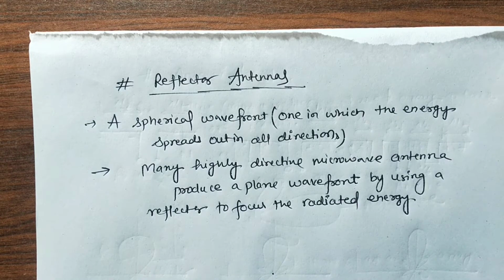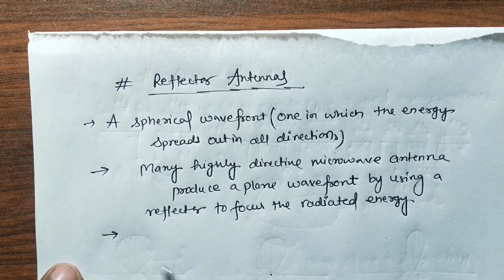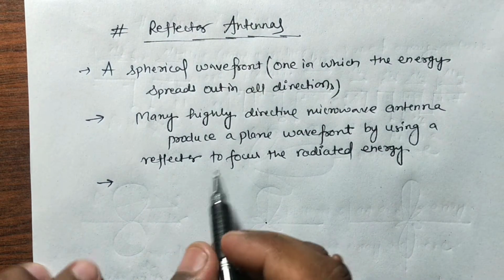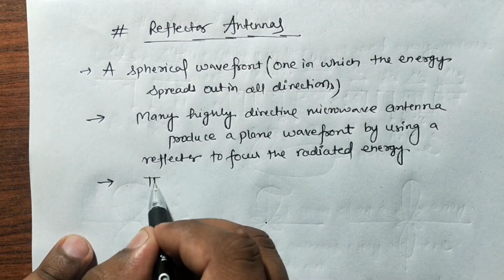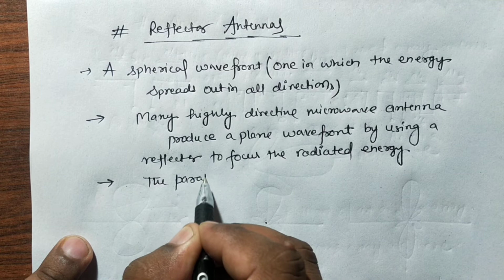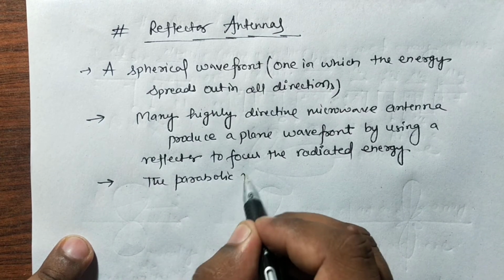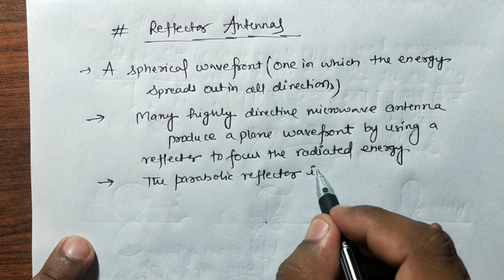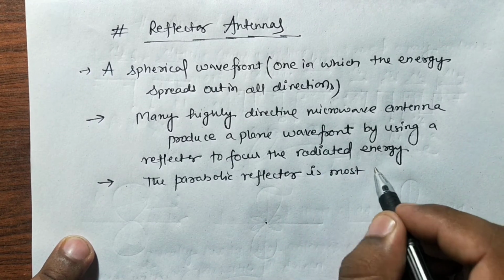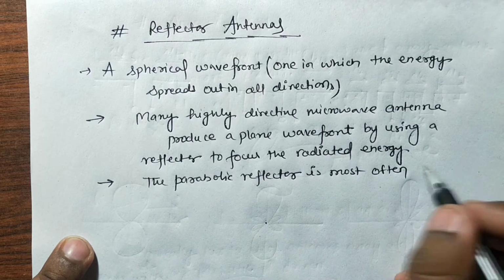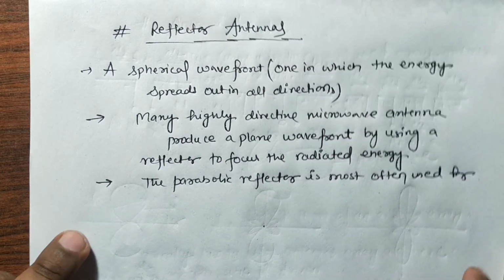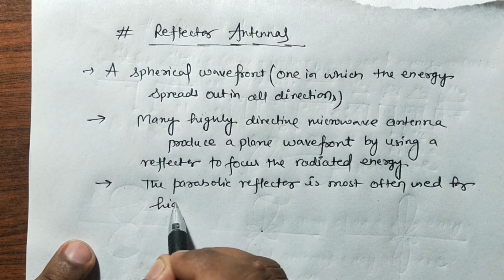The parabolic reflector is most often used for high directivity. This is the main point regarding this reflector antenna: the parabolic reflector is most often used for high directivity.